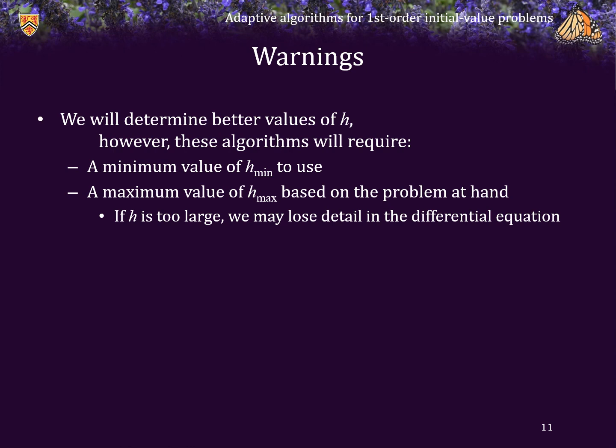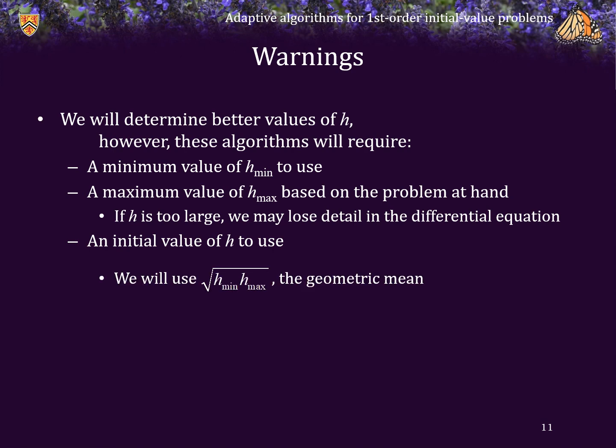This is going to cause an issue because now your solution, or your approximation thereof, is not going to be very good. So once again, the user must also specify a value of h that is a maximal possible value that should be used. We also therefore need an initial value of h.